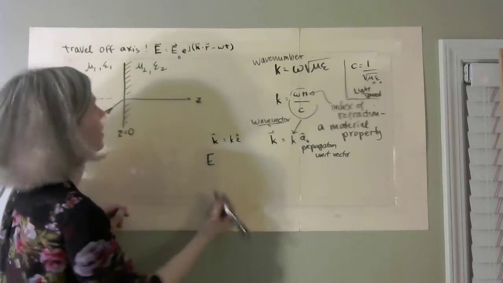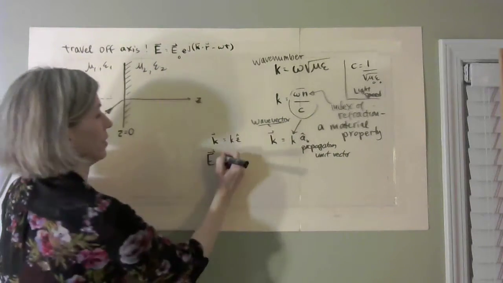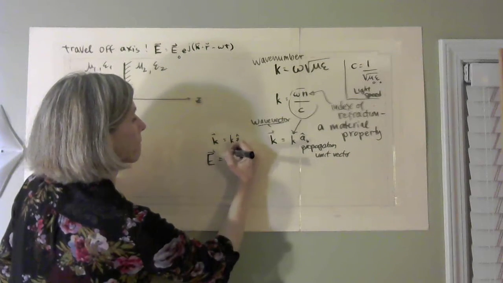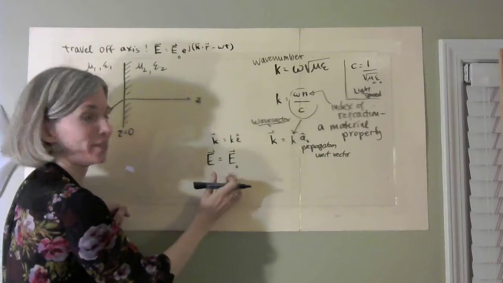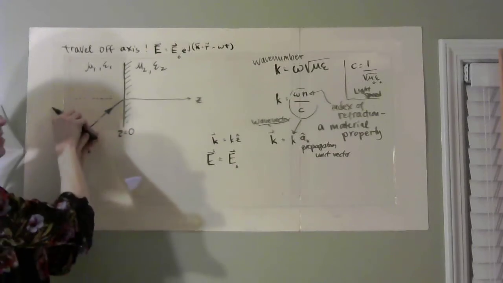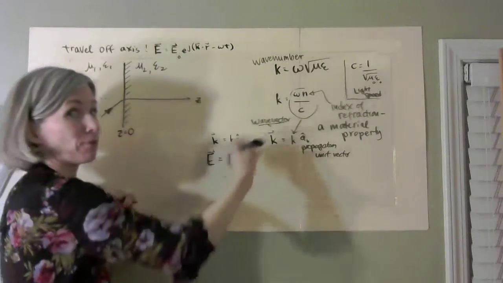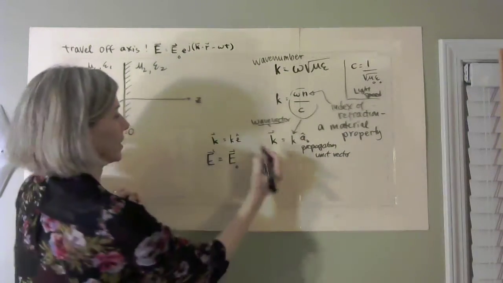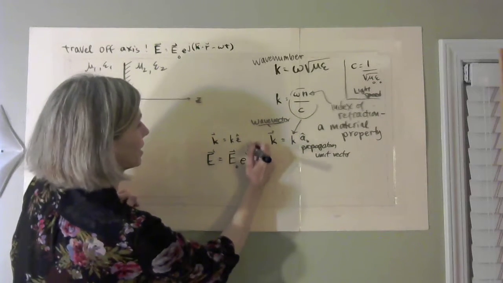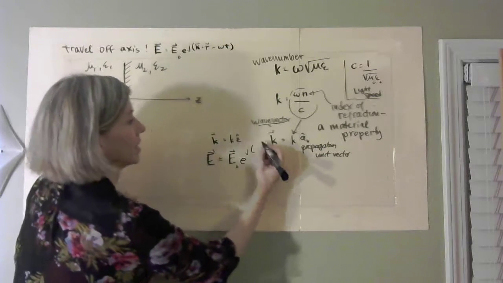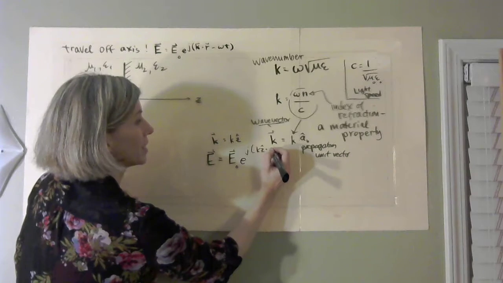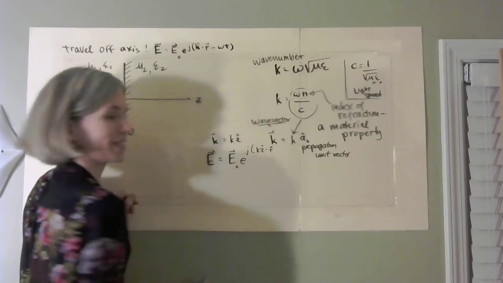in a special case, E is going to be E naught. Now I've still got my vector, I've got my direction for E. That's the stuff I was talking about. Is it pointed out at you? Is it this way? But the envelope that's multiplying it is going to be e to the j, and now I've got this special case, kz dot my position vector.